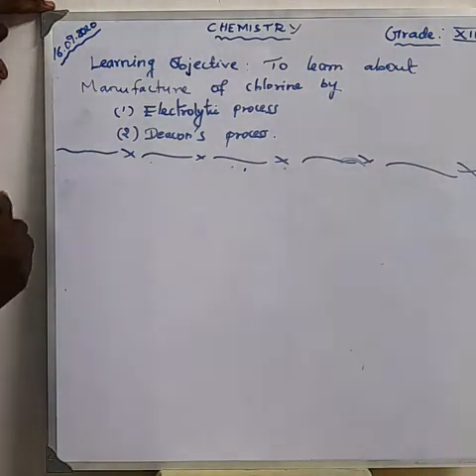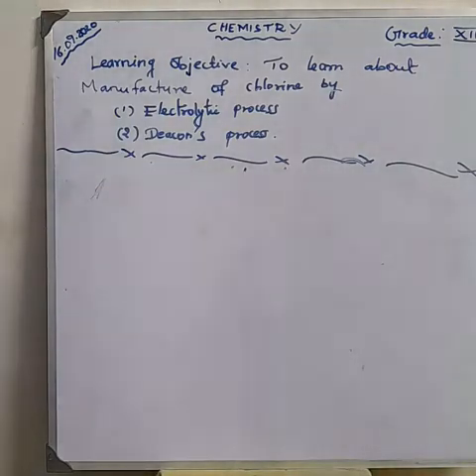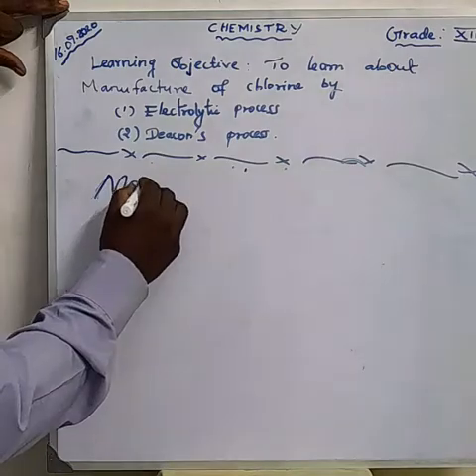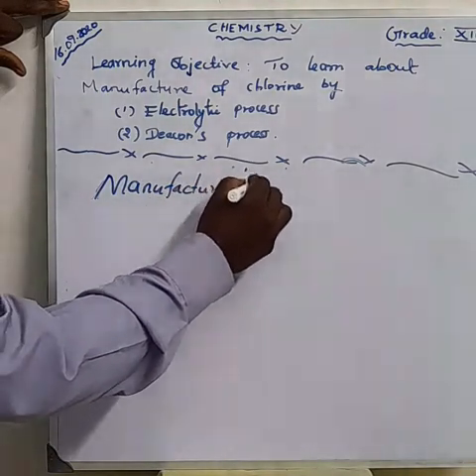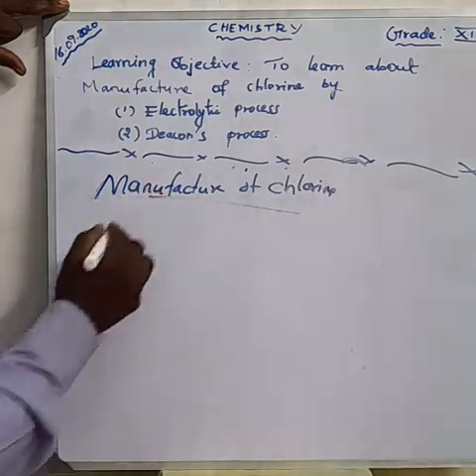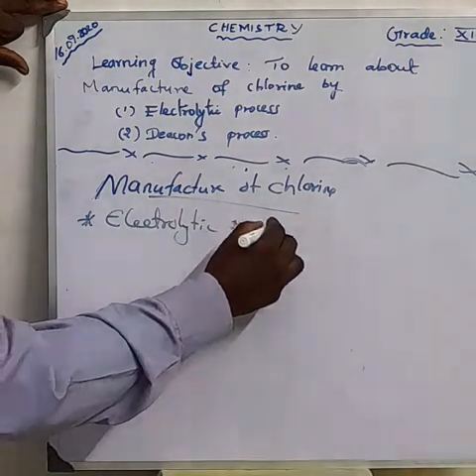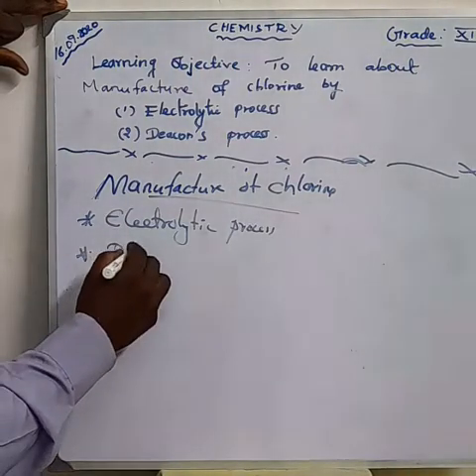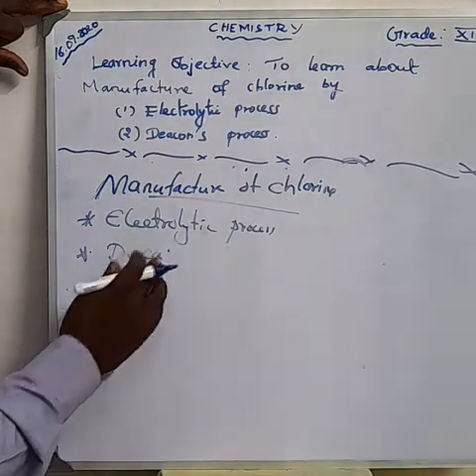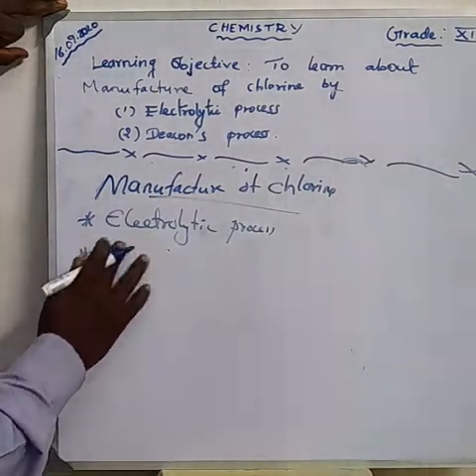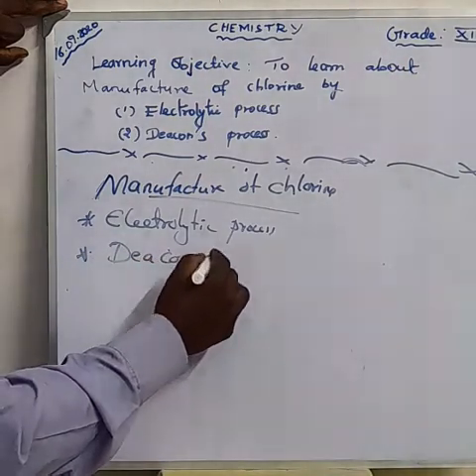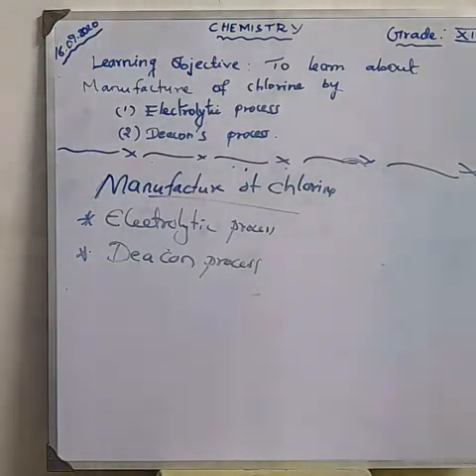Your assignment is the manufacture of chlorine by the electrolytic process and also the Deacon process.